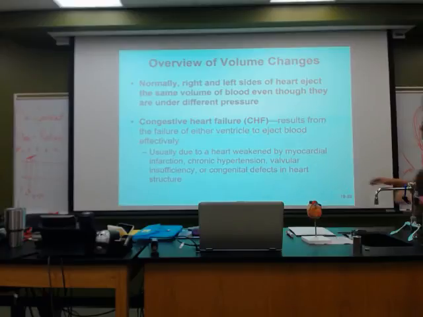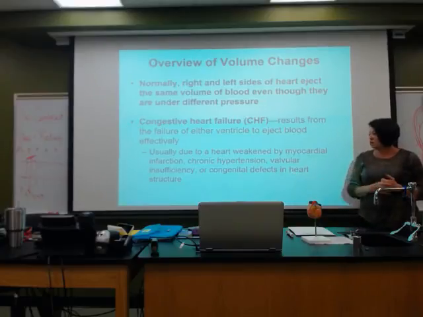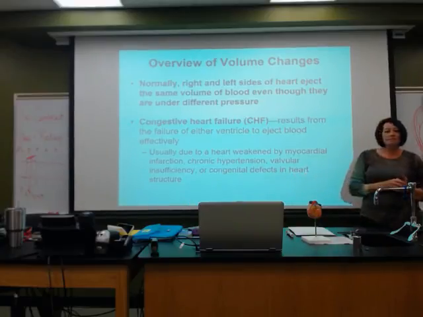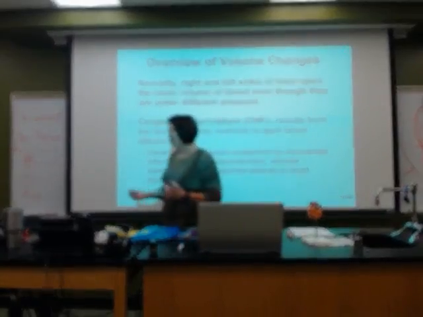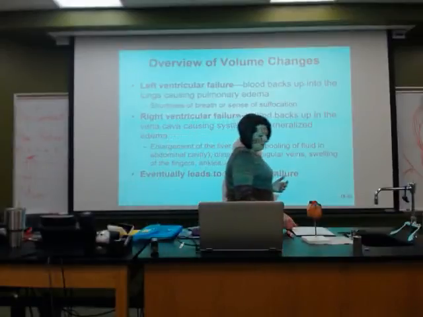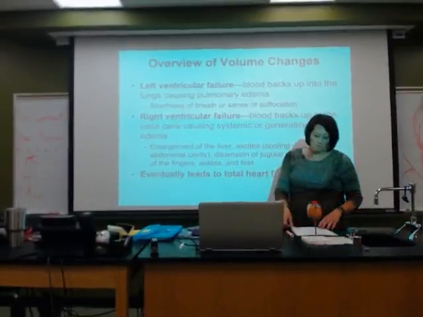It could be someone whose valves are not working correctly, or congenital defects in the heart structure, which a lot can be surgically corrected now, but it just depends on what the defect might be.